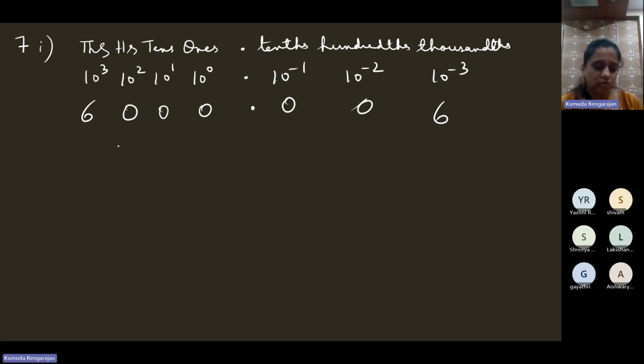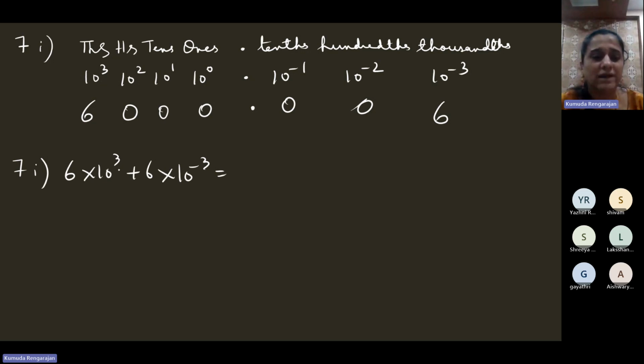So you don't have to actually write the place values and all that. You can just put your answer like this: 6 into 10 to the power 3 plus 6 into 10 to the power minus 3. So just do it in your mind. In the place 10 to the power 3, you have 6, right? Then after 10 to the power 3 is 10 to the power 2. That's nothing, so put a 0.